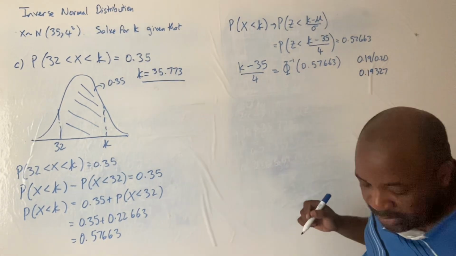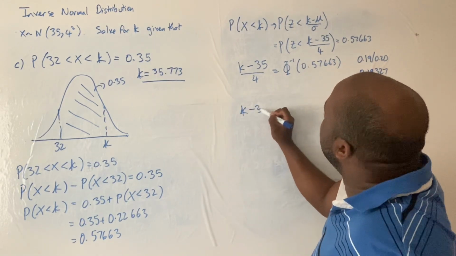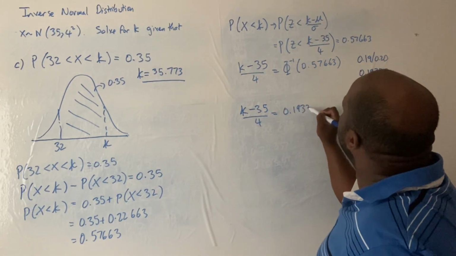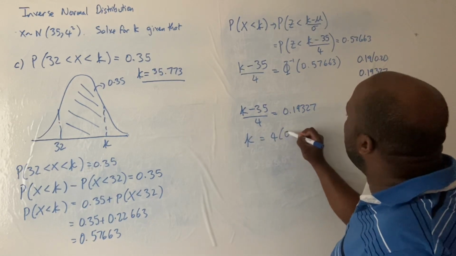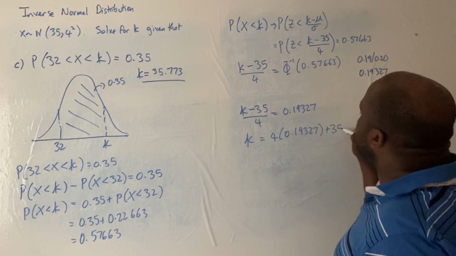0.19327. So using the actual value, we have k minus 35 over 4 equal to 0.19327. So k is going to be 4 lots of 0.19327, add 35.